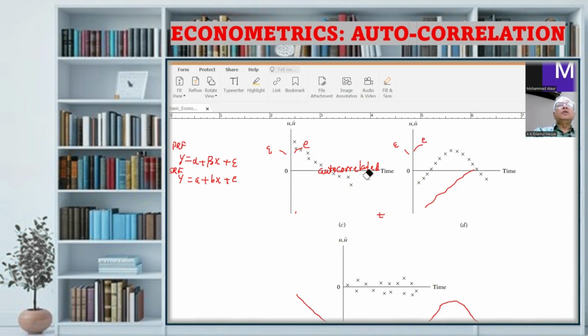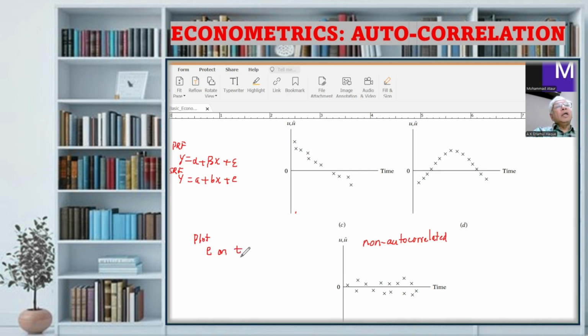Now how about the last one? Let me erase this. I'm keeping my equation, PRF, SRF, but erasing the rest. If you look into this one, you realize that there is no pattern, so this is non-autocorrelated. You see non-autocorrelated versus correlated data based on a simple logic: you plot e on t or i.